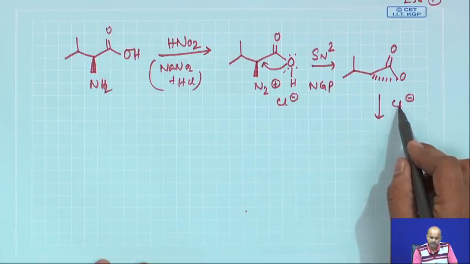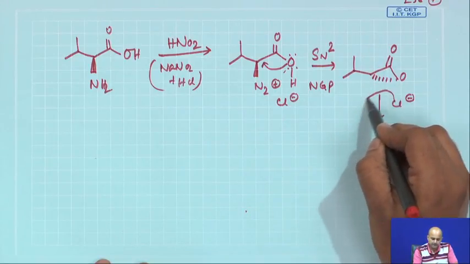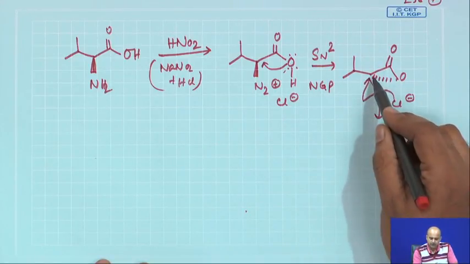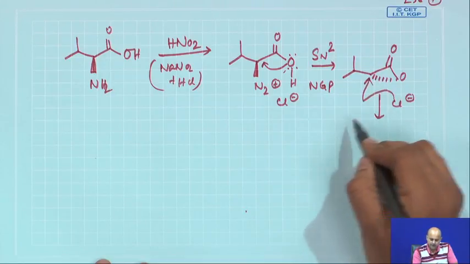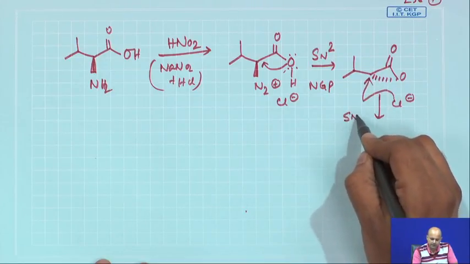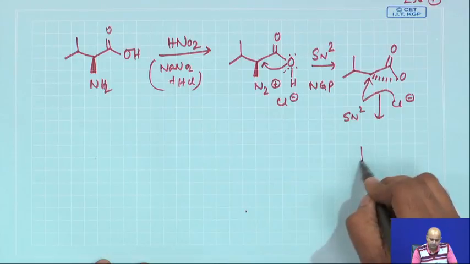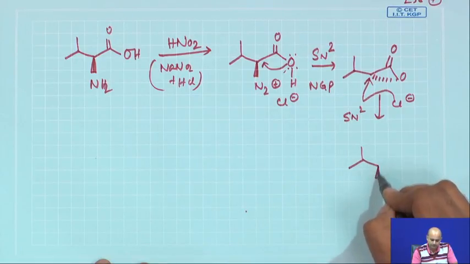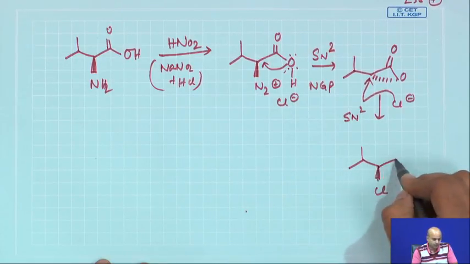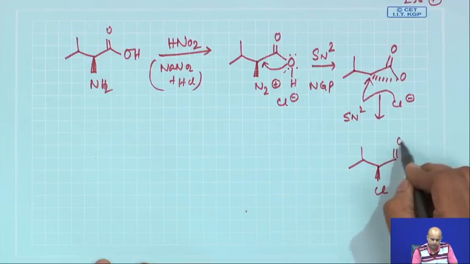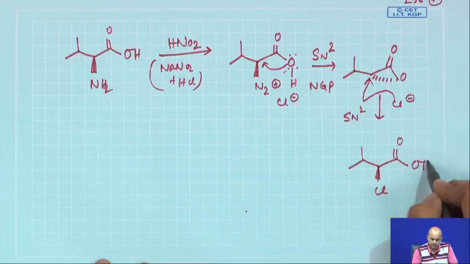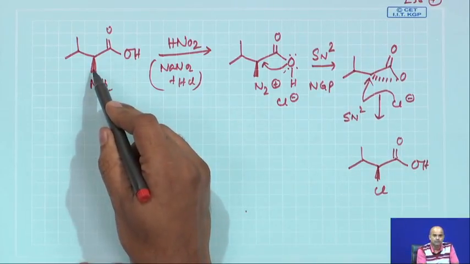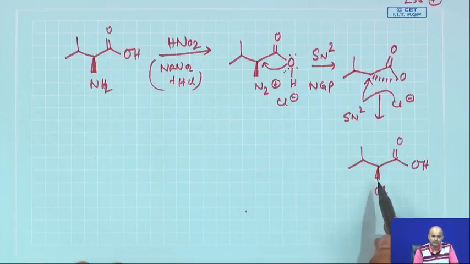Then the Cl minus acts as a nucleophile, reacting with this lactone again in an SN2 fashion, and then you will get this compound, where the original stereochemistry has basically been retained.